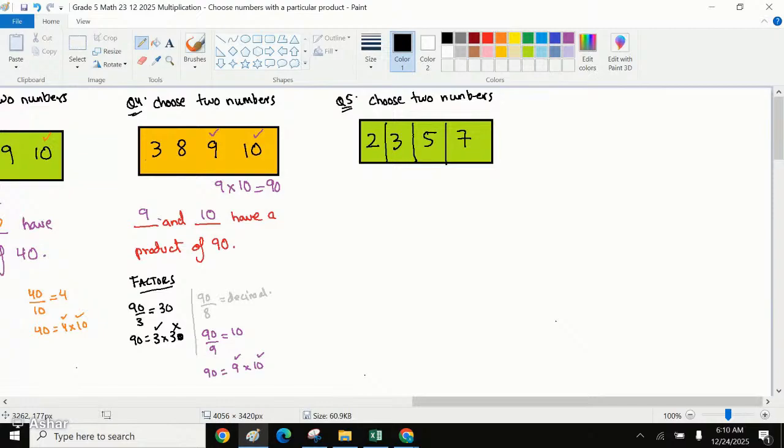These are the 4 options we have. And the question says that the first number multiplied by the second number should be equal to 21. Can you give me the answer to this? What are the factors of 21?